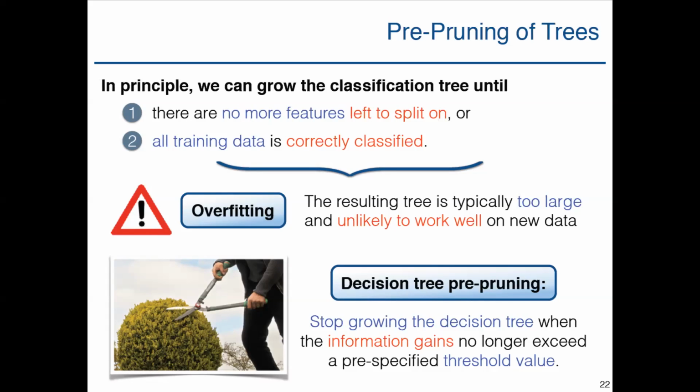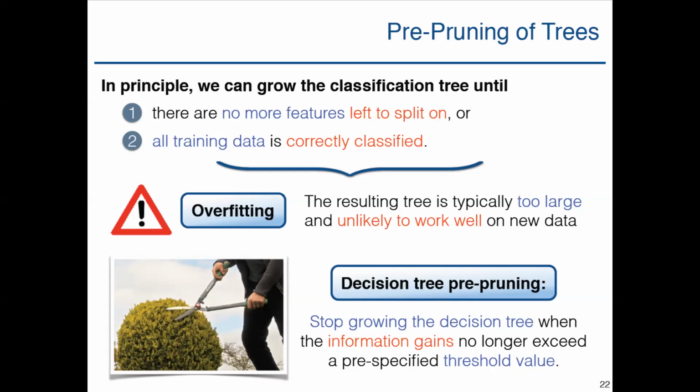So let's say you could define a criterion कि if we were to split any node further, if it gives us an information gain of less than, let's say, 0.15, अगर 0.15 से कम information gain मिलता है, we will not split the tree further. ठीक है, हम एक predefined threshold value रख लेंगे कि उससे कम अगर आपका information gain होगा, तो हम उसको आगे further split नहीं करेंगे, we're just going to stop there. ठीक है, that's one option, that's called pre-pruning, कि आप पहले से एक threshold define कर लेते हैं.